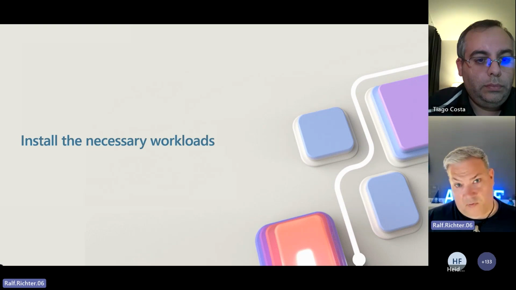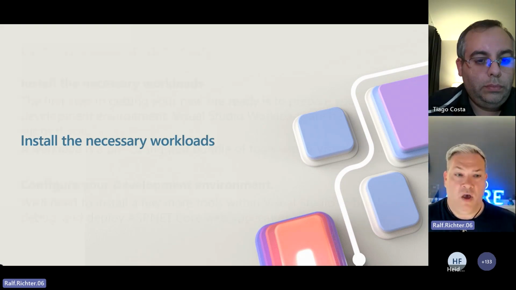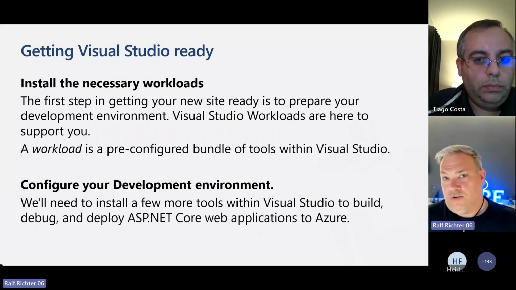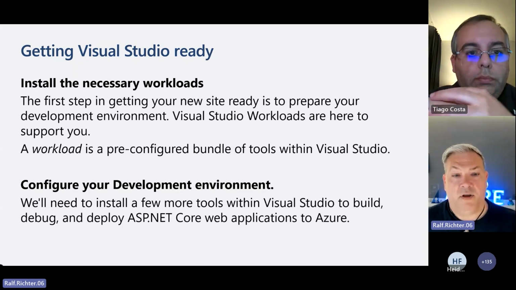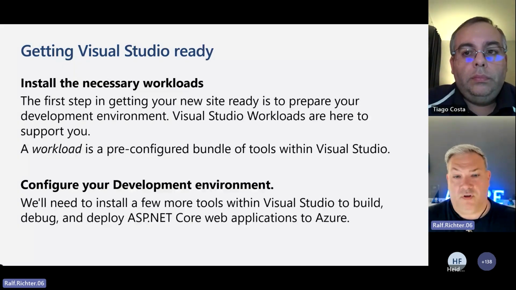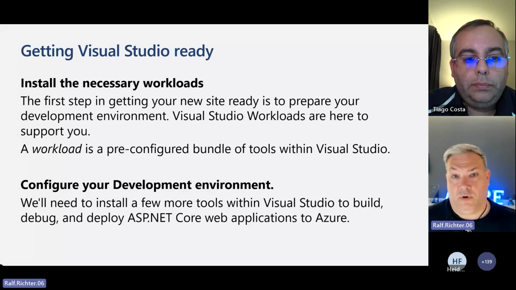So first of all, you have to install your necessary workloads. What does that mean? To enable Visual Studio to do the things we're talking about right now, you have to prepare your Visual Studio and that development environment by installing Visual Studio workloads. And what are workloads?